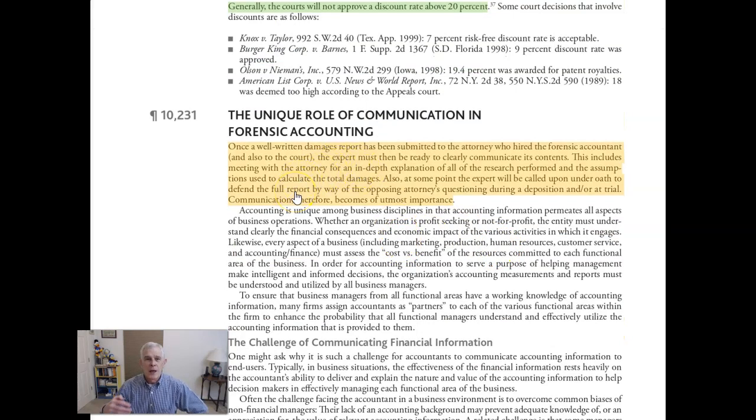Communication. You must have great communication skills, not only in speaking to explain things to the judge and or jury. Your written skills need to be excellent as well. There are going to be various people who read your documents, your reports, that you might not have contact with. So make sure your written reports are just as clear as can be and convincing, and show that you're reasonable in your assumptions, and therefore your calculations are valid.